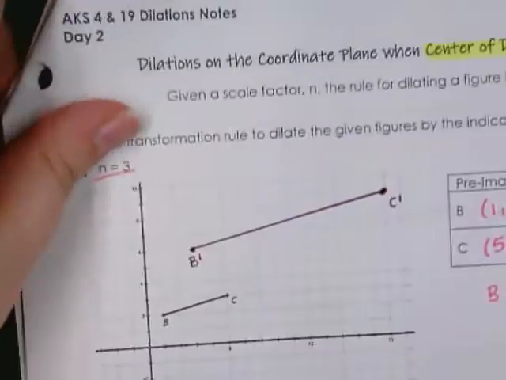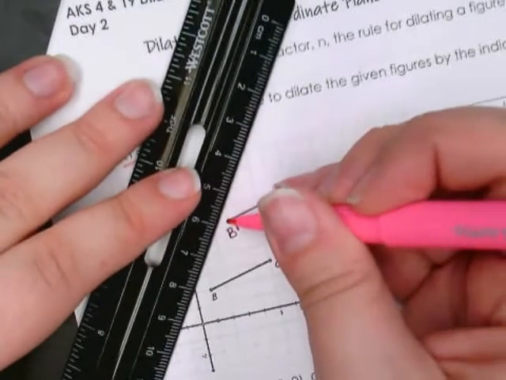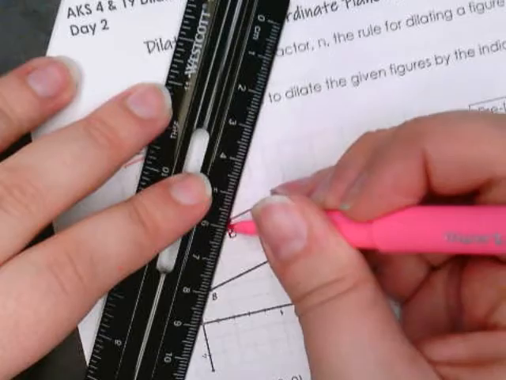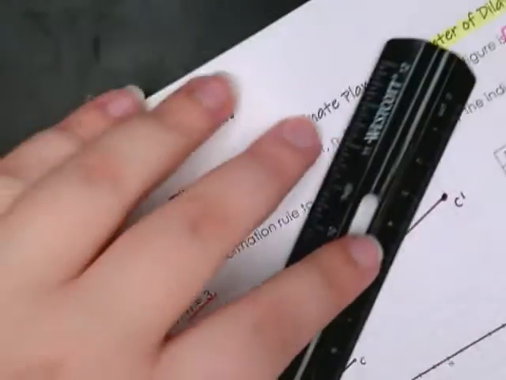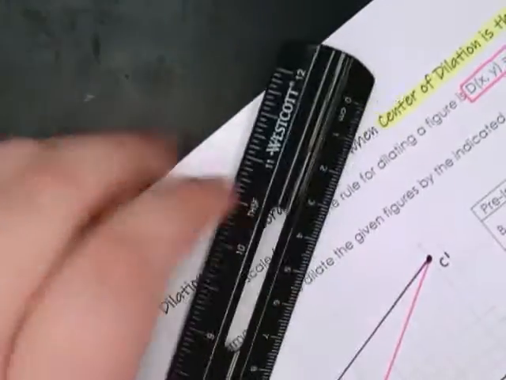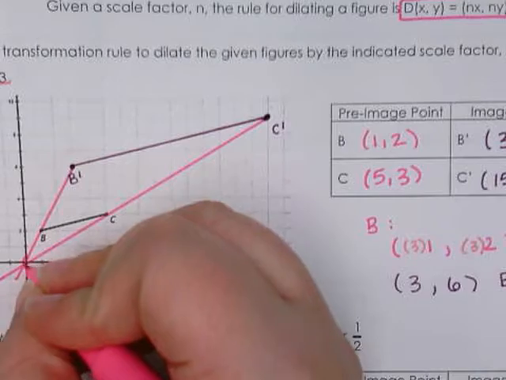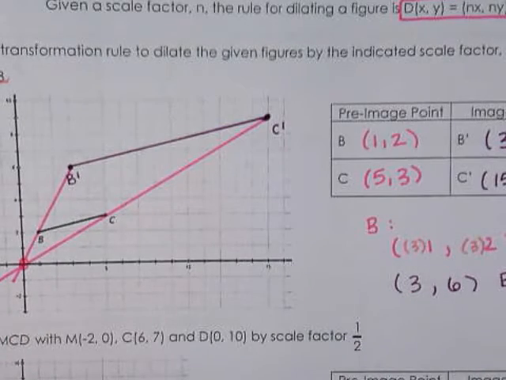How do we know it's at (0, 0)? Well, let's just show that it truly is by connecting the corresponding parts of our pre-image and image. So I'm going to connect B and B prime, and then I'm going to connect C prime and C. And look at that. Those two lines I just drew intersect right here at the origin. There's our center of dilation.